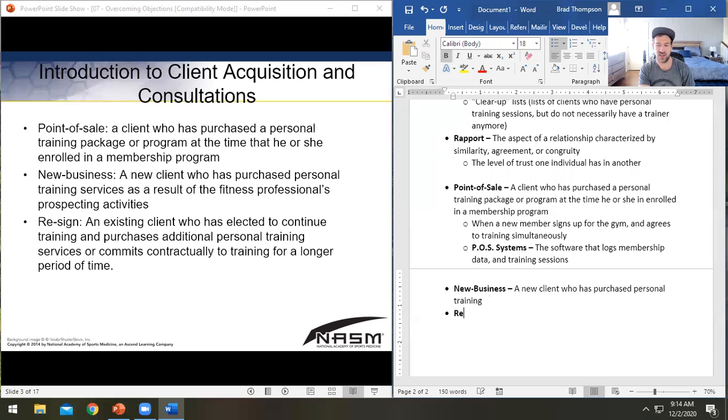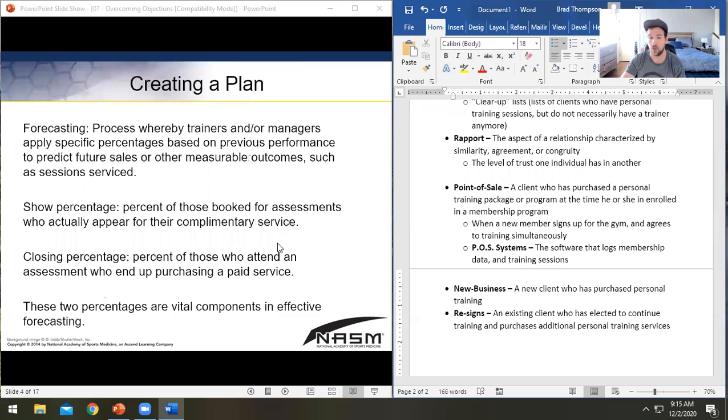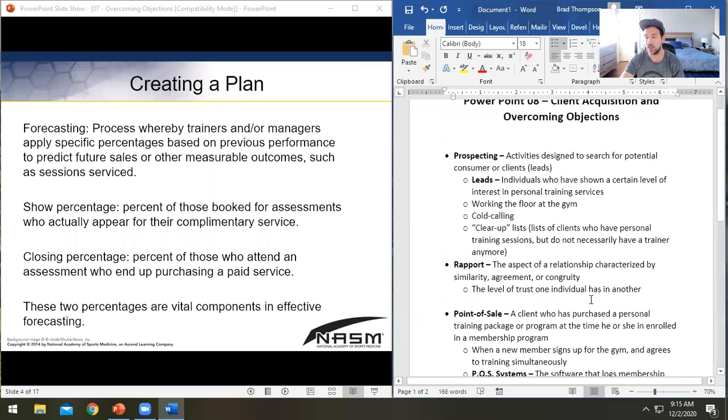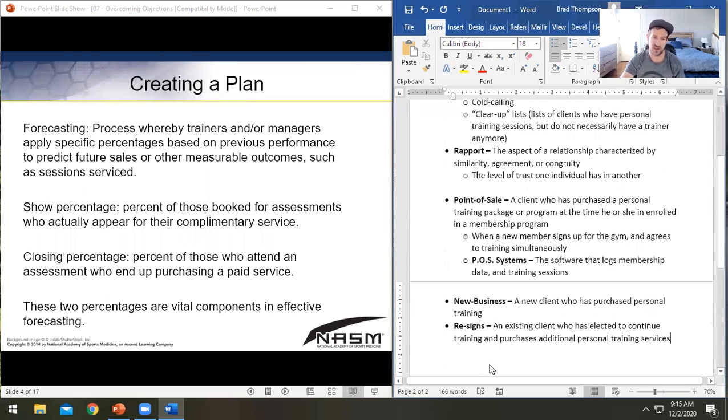And then you've got re-signs, which is really where you want most of your business to come from, which is an existing client who has elected to continue training and purchases additional personal training services, right? So re-signs are where most of your business is going to come from, just in the same way that word of mouth is your number one marketing tool.